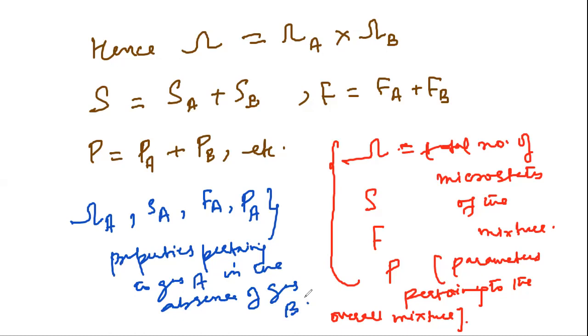Similarly, SA is the entropy of gas A when gas B is not there. FA is the free energy of gas A when gas B is not present. Similarly, for the subscript B, sigma B, SB, FB, and PB are the parameters pertaining to gas B in the absence of gas A. Now, understand it.